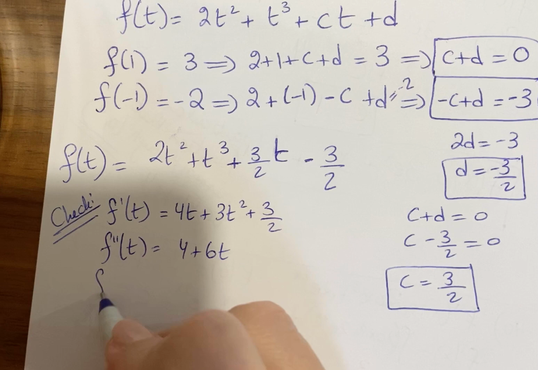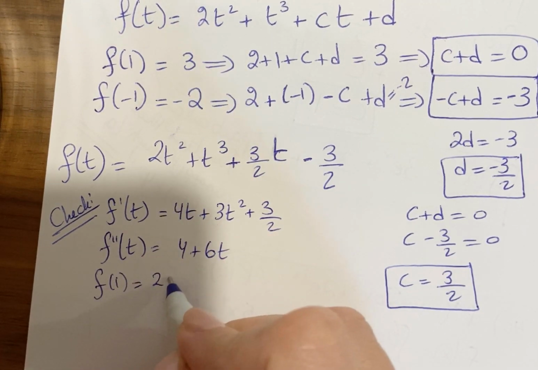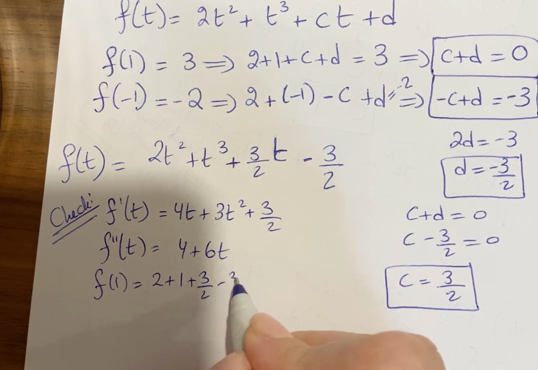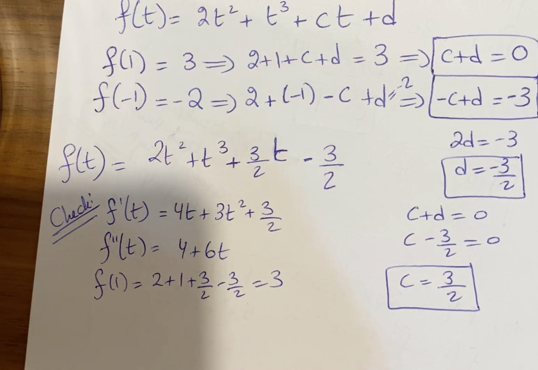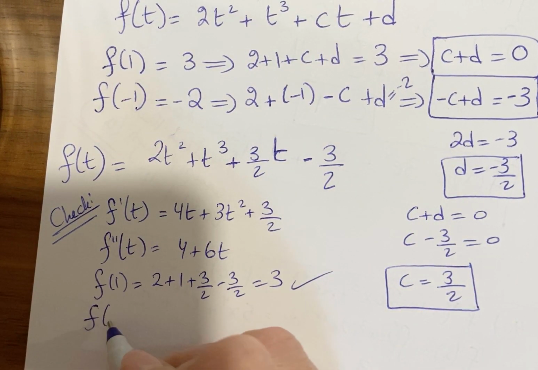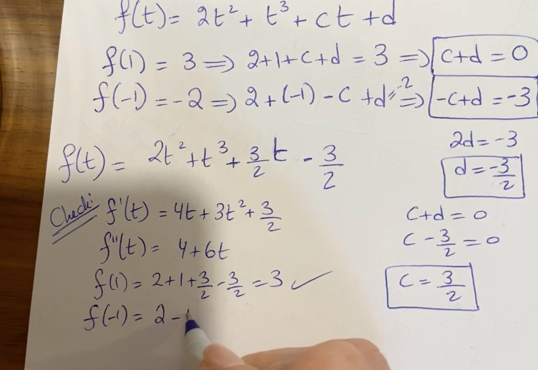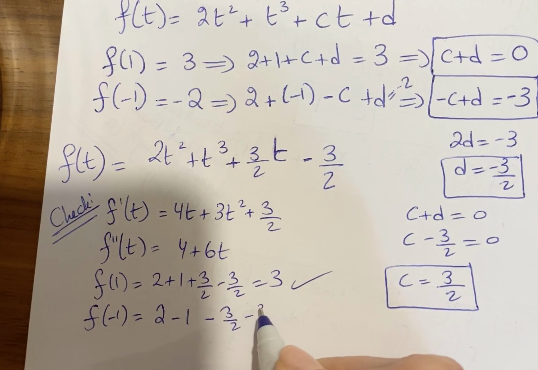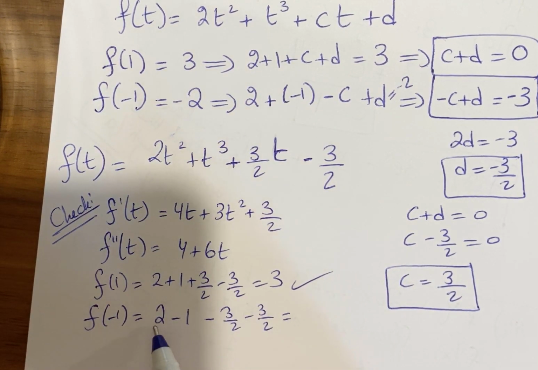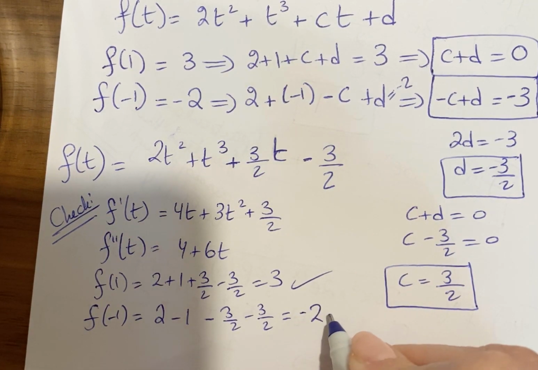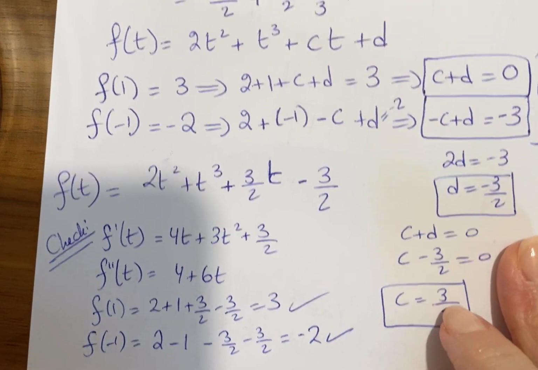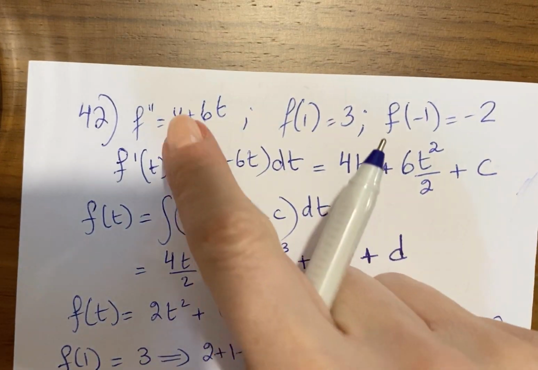And we already checked f of 1 is 2 plus 1 plus 3 over 2 minus 3 over 2, which is 3. Exactly what we wanted. F at minus 1 is 2 minus 1 minus 3 over 2 minus 3 over 2, which is 2 minus 1, 1. 1 minus 3 over 2 minus half minus 3 over 2 is minus 4 over 2, which is minus 2. It's exactly the information we started with.